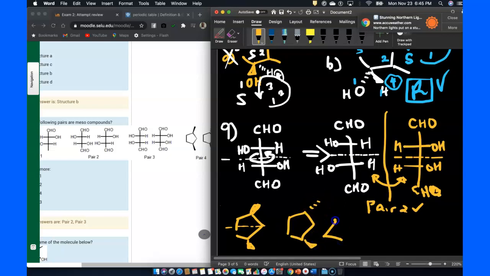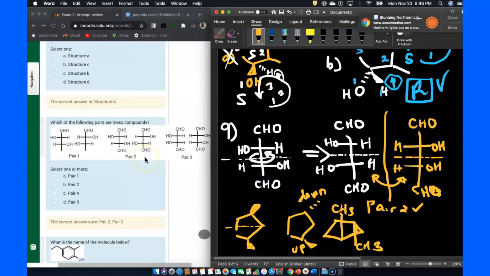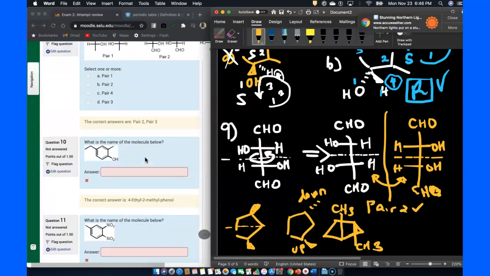In fact, if I draw it in what we call the Haworth projection, you'll see that the CH3 here is down and this CH3 is up. Okay, so this is up, this is down. There's no way you can cut this molecule into equal halves. So the only answer you have here is pair 2 and pair 3 that are meso compounds.